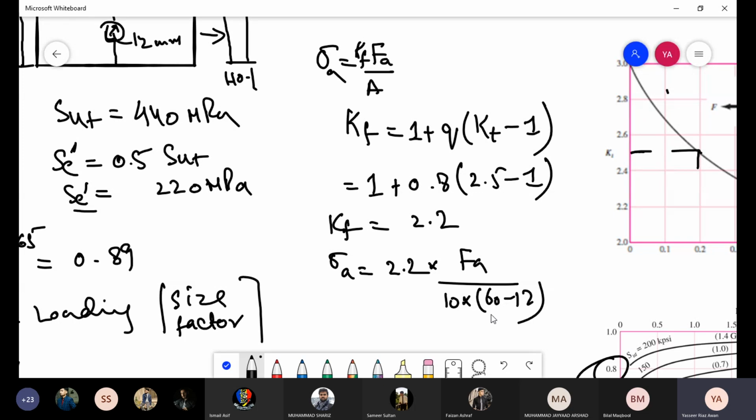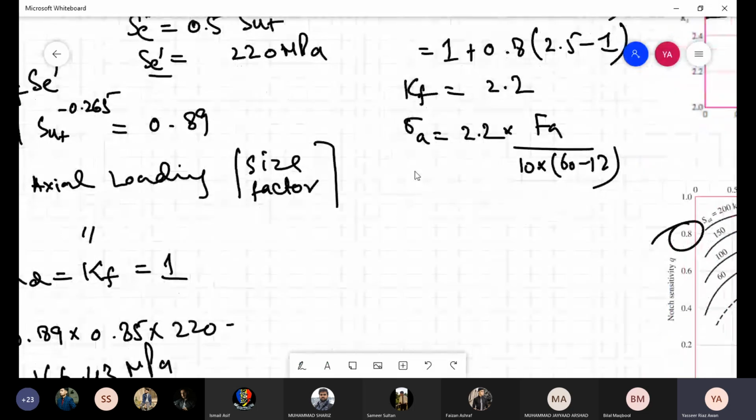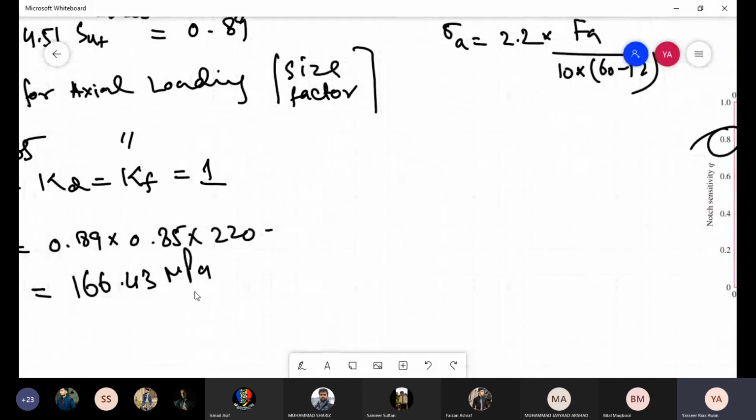So you would subtract 12 from 60 and you multiply it with 10. Okay. So now we have the stress and we have the strength, and we can compare it with the safety factor.